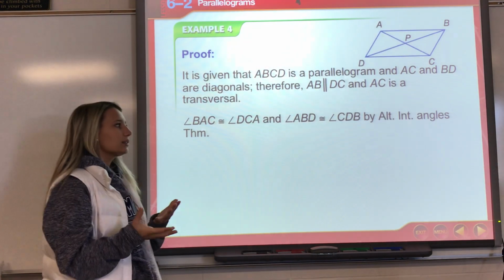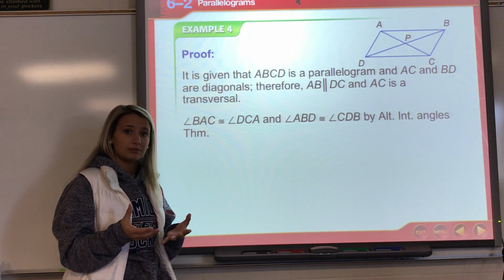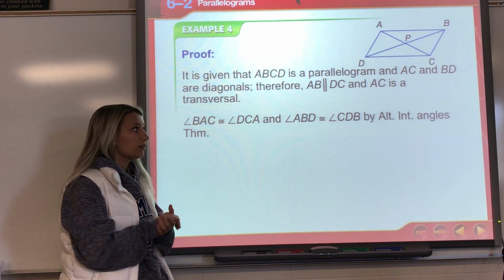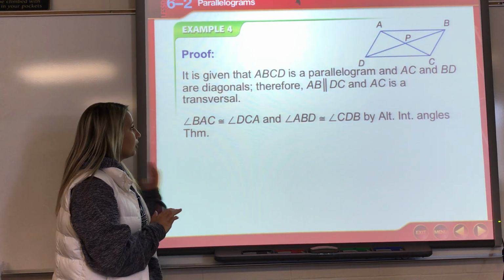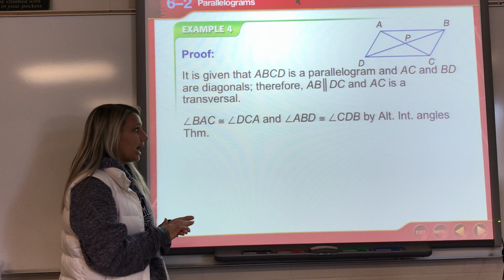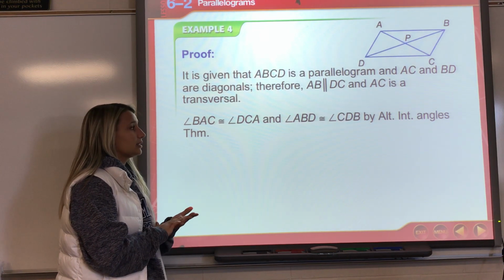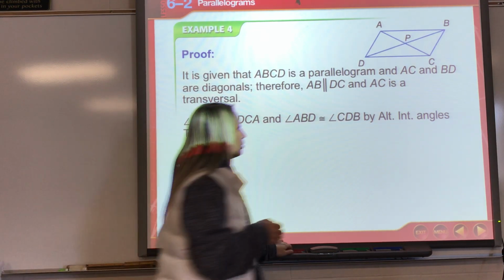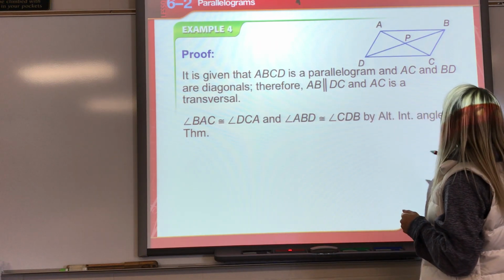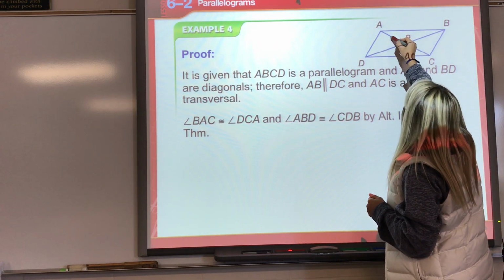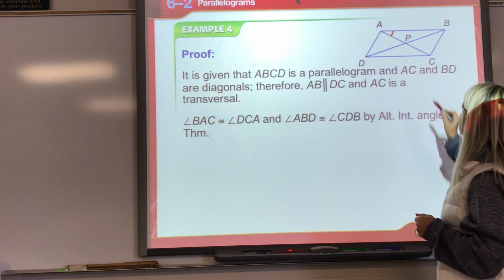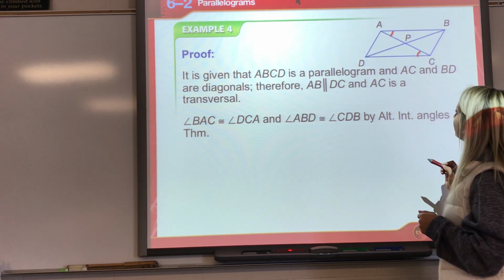Okay, next, by alternate interior angles, using that definition with the parallel lines, we know that angle BAC is congruent to DCA, and ABD is congruent to CDB. So let me mark those in with the congruence. BAC, this little guy, is congruent to DCA, that guy.